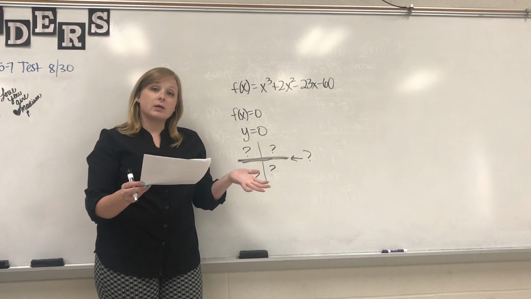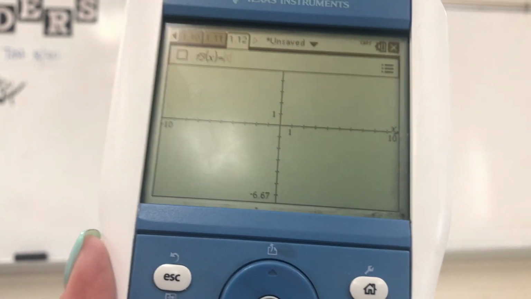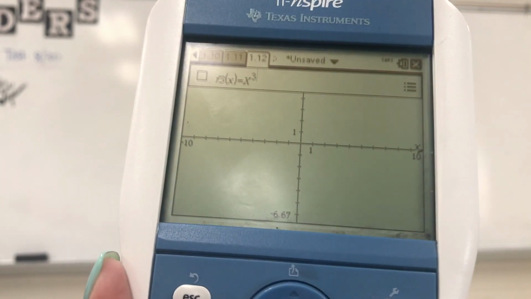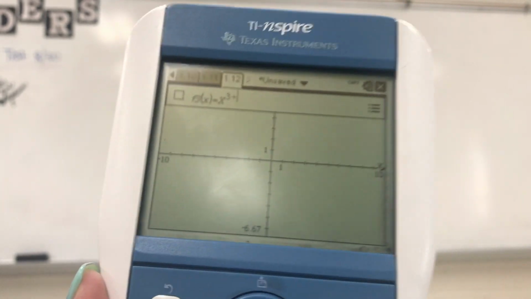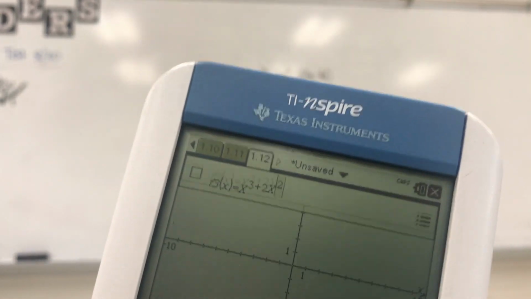So you're going to go to your calculator, you're going to graph it, and you're going to see where it crosses the x-axis. So I'm going to show you. You go to your graph, and you're going to type in x cubed plus 2x squared. Oops. See how it's in the exponent? Don't let it do that.